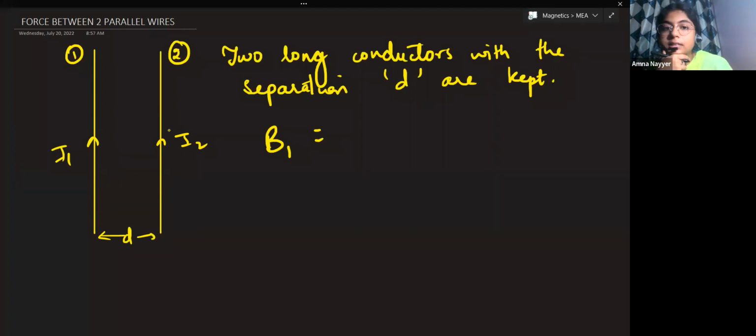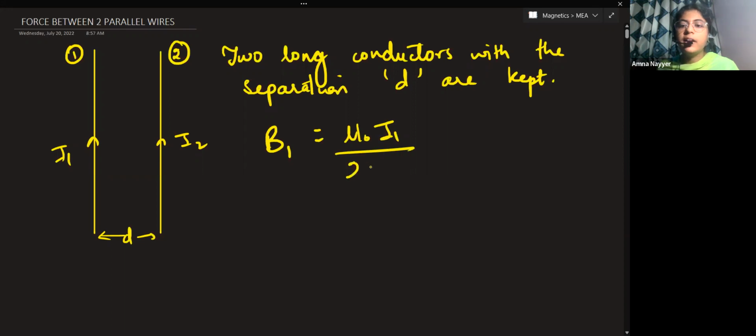We have done this case initially when we were discussing. No one remembers the magnetic field. It's mu naught I1 divided by 2 pi d. That's the magnetic field's value. Just look in and revise it once.